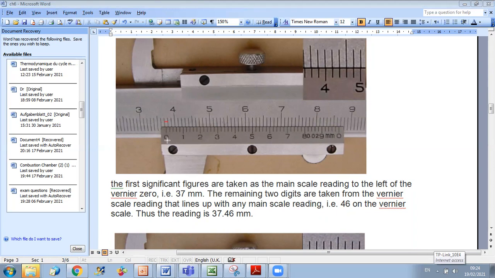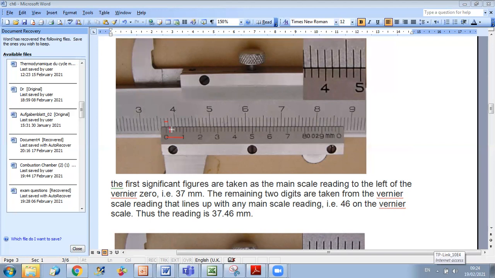Let me count. First I have 10 divisions, and each division is divided into 5. So if you want, this represents 0.1 millimeter, but each 0.1 millimeter is divided into 5 parts.